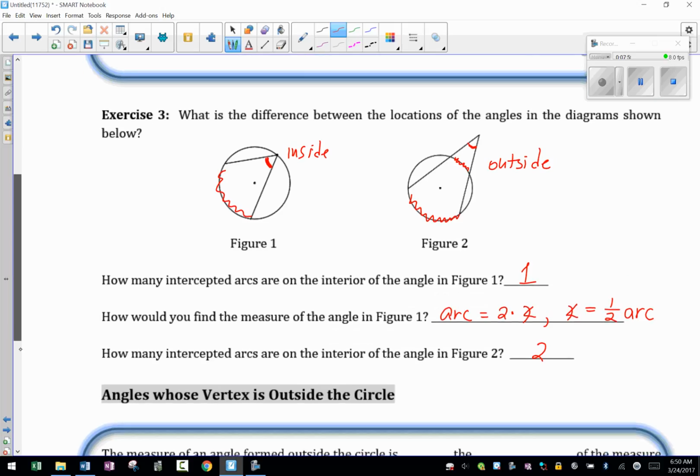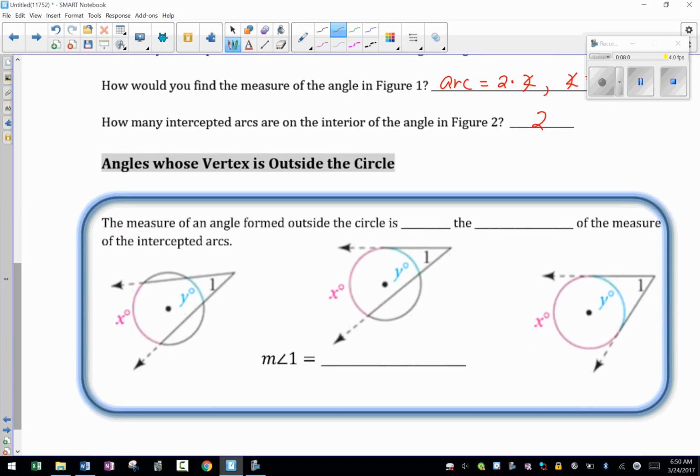If you have an angle whose vertex is on the outside of the circle, the measure is half of something, but it's half of the difference of the measure of the intercepted arcs. So this angle one out here, you do x minus y, subtract, and then divide by 2. Same thing here.